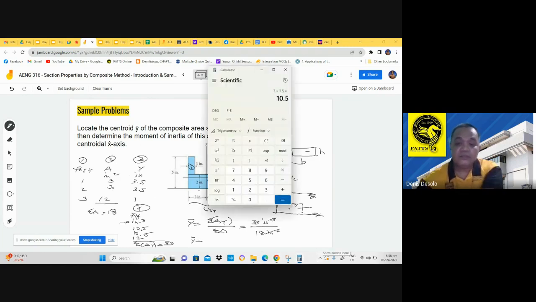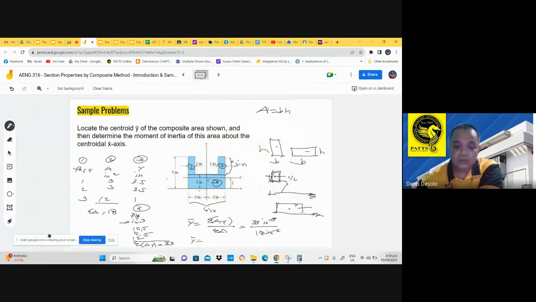So let us solve. That is 33 over 18. So we will get 1.83, so that is 1.83 inches above the x-axis. Okay, let's try to underline that.